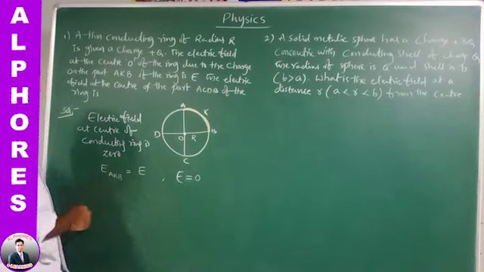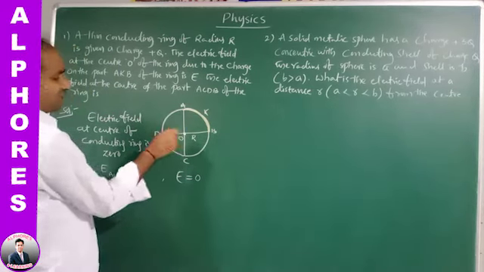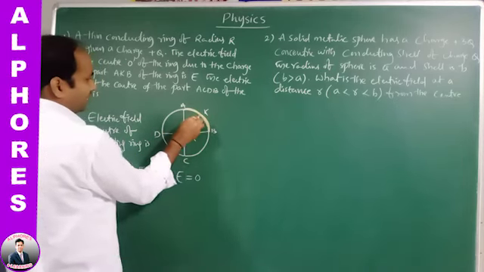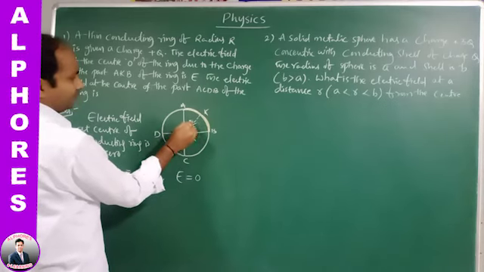Due to the part AKB it is given as E. Its direction, for a positive charge, is towards the center. This is the direction of E.